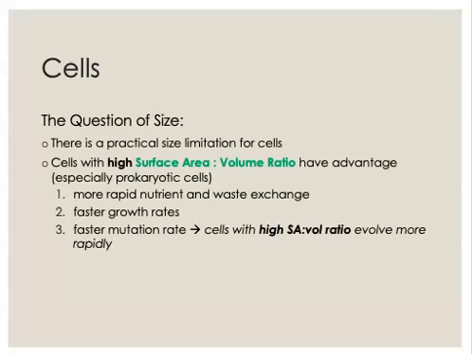Cells with a high surface area to volume ratio are going to grow faster. Cells that have this ratio are also going to mutate faster. Now you might say to yourself, well, gosh, I thought mutation was a bad thing or a dangerous thing for a cell. Sometimes that is true.